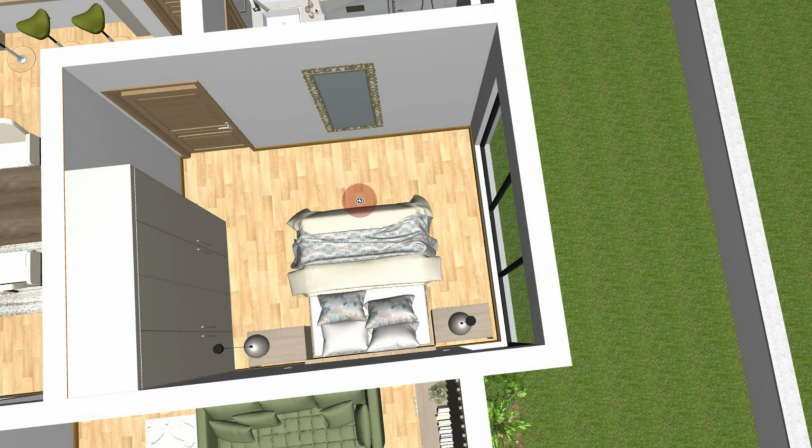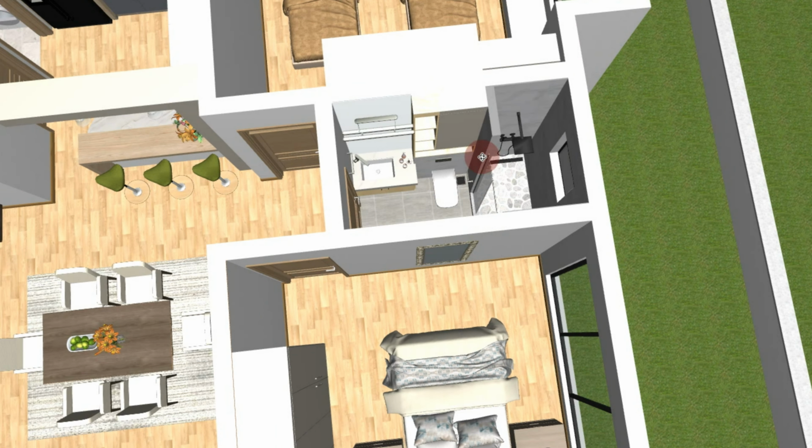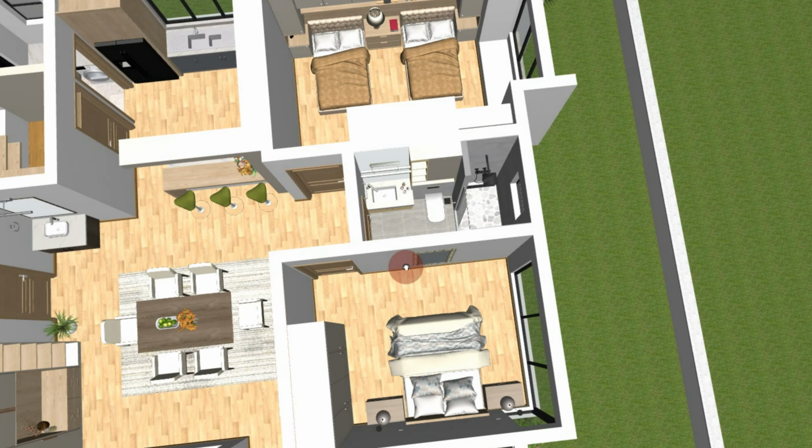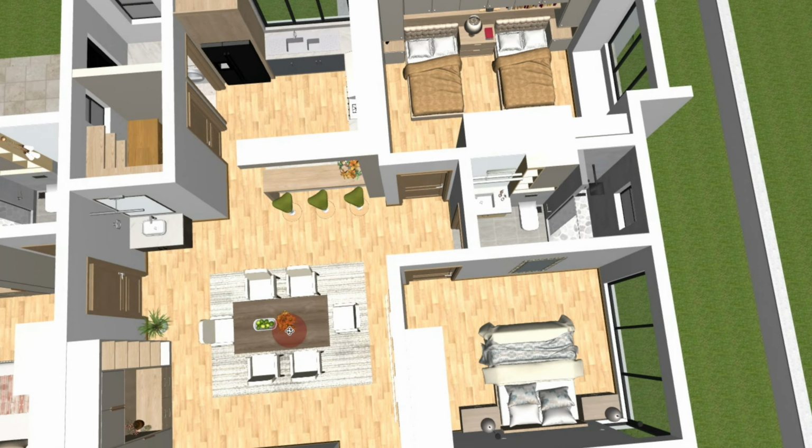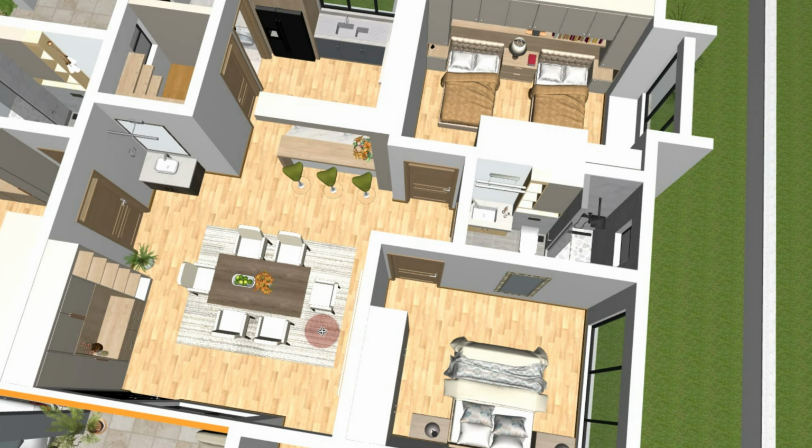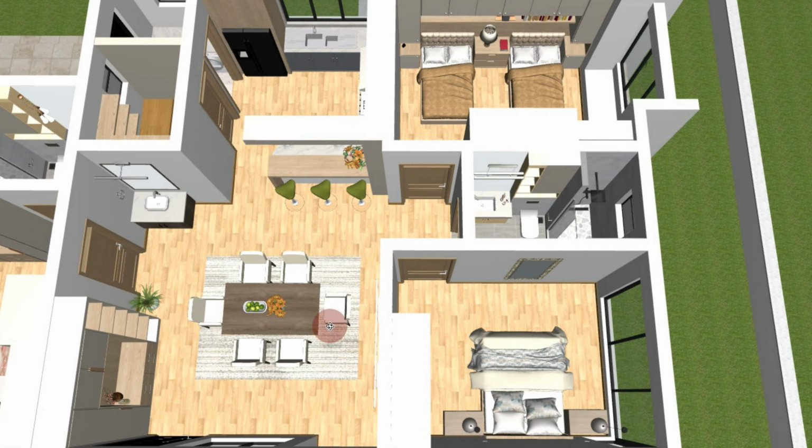So since this bathroom is shared by these two bedrooms, this bathroom also acts as a cloakroom. And this is a compact design, so it's not like that toilet is so far away from the public areas. And when I say public, well, you know what I mean.